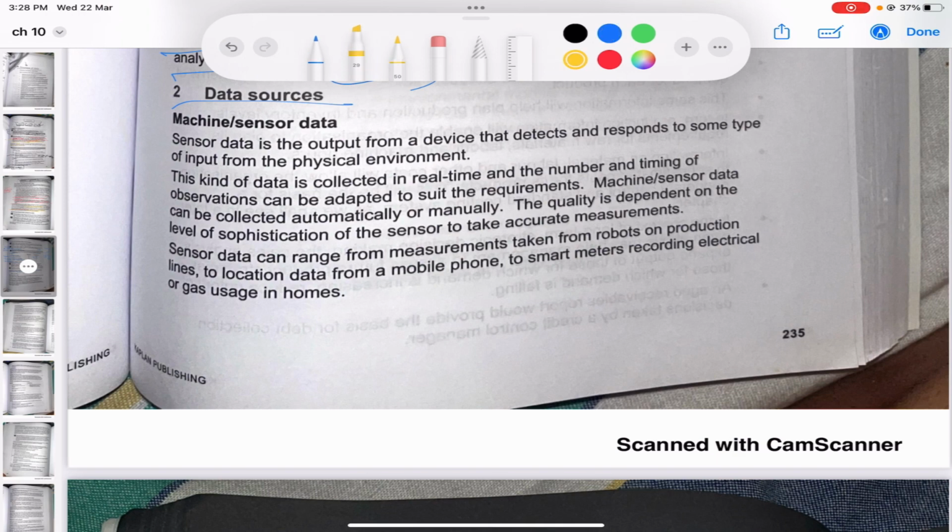So the first thing which we have is machine or sensor data. Sensor data is the output from a device that detects and responds to some type of input about a physical environment. So let's take an example.